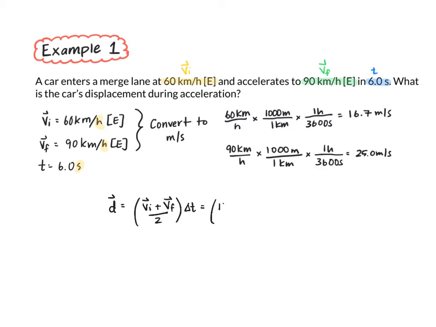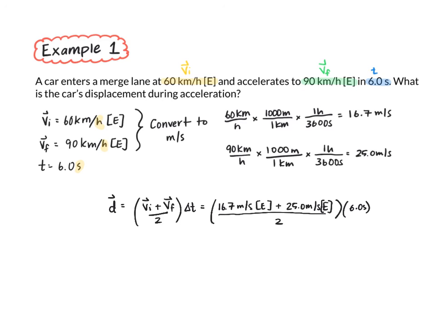So it's going to equal 16.7 meters per second east plus 25 meters per second east, divided by 2, multiplied by 6.0 seconds.